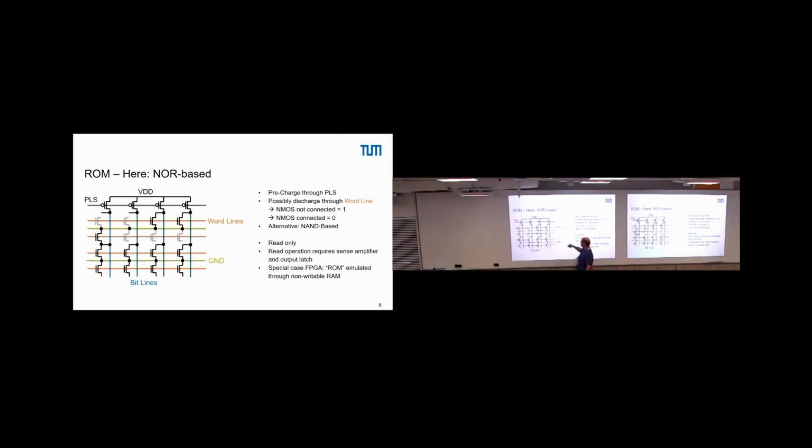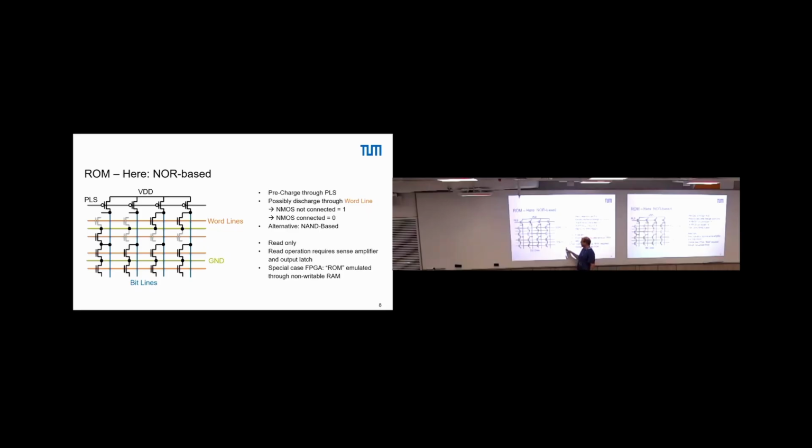Sorry, I said it wrongly, it should be 0. Then we set PLS to 1, meaning we disconnect here from VDD. So this here is PLS equals 1, right? Makes sense? Good. So, similar to what we have with the DRAM.